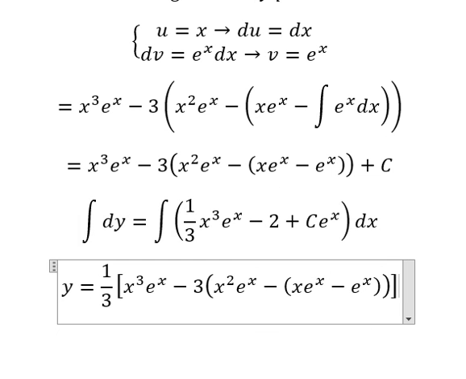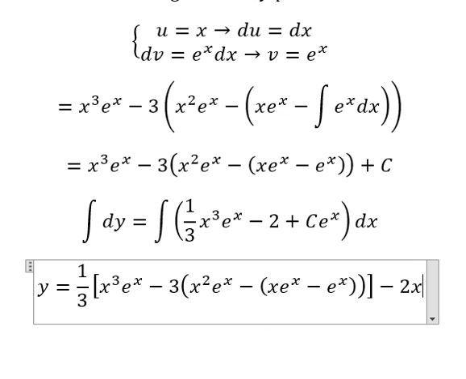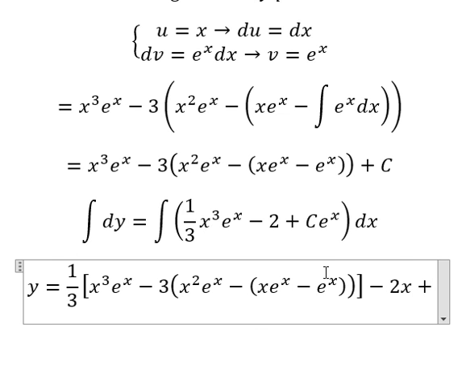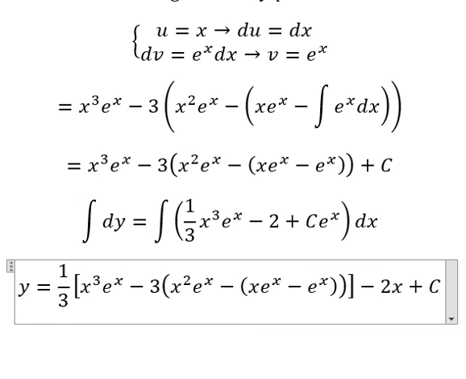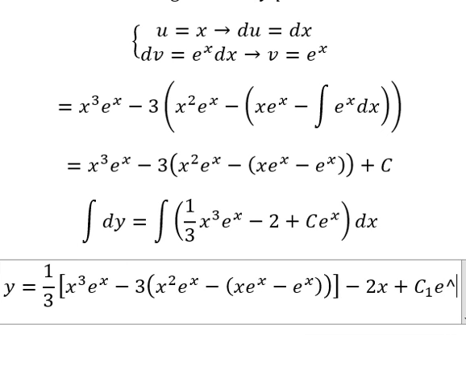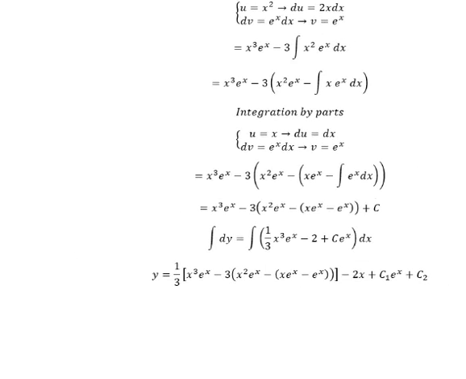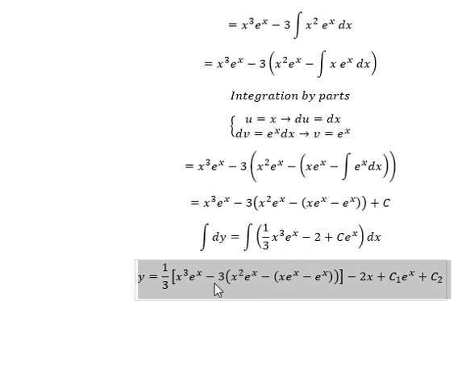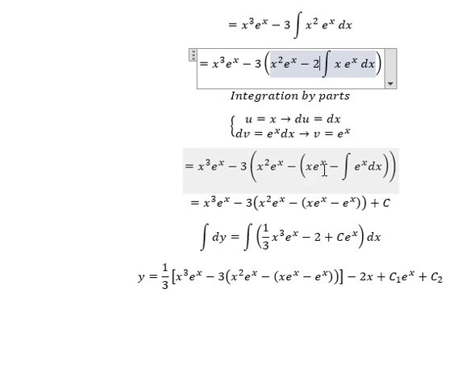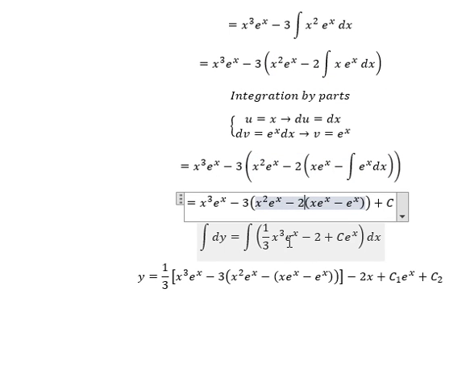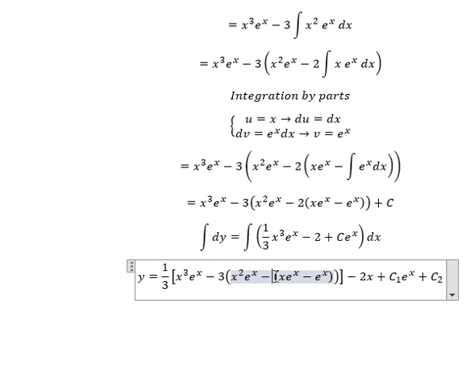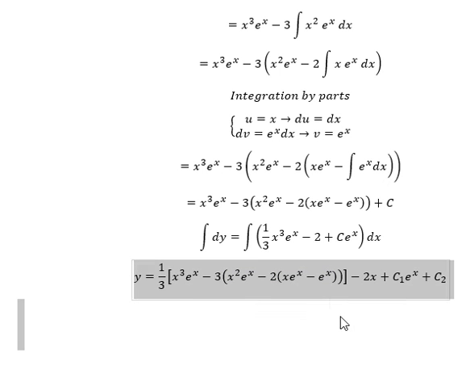So number 2 is 2s, and the next one is e to the power of s, but we have another constant, so we put c1 e to the power of s, and we have c2, the constant number 2, and that is the final answer. I forgot number 2 in here. And this is the final answer.